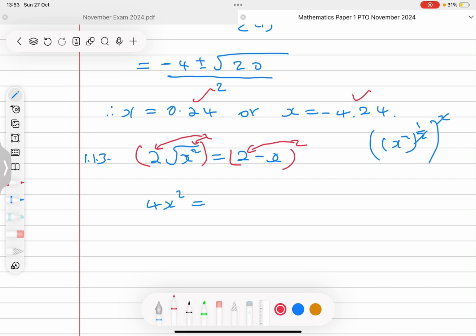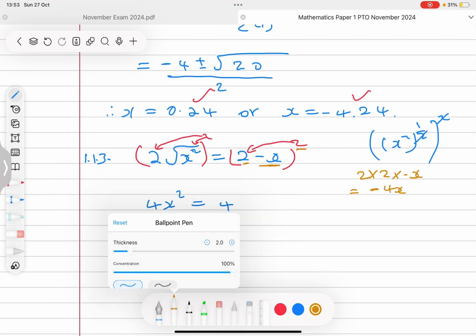So I square the 2, 2 squared, it will give me 4. Then I take these 2 here, I multiply it with these 2 here. So we say 2 times 2, then I multiply it with negative x. So this will give me 2 times 2 is 4, times negative x is negative 4x.